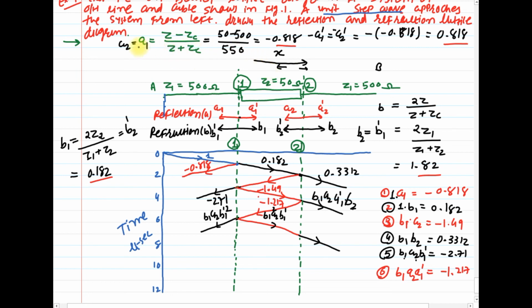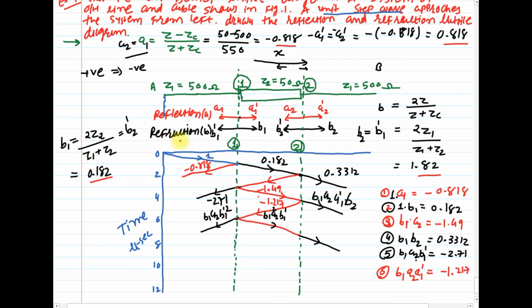So for that you have to consider any 2 reflection coefficients as positive numbers and the rest of the 2 as negative numbers. Here we have considered A1 and A2 as positive numbers, clear, and A1 dash and A2 dash as negative.